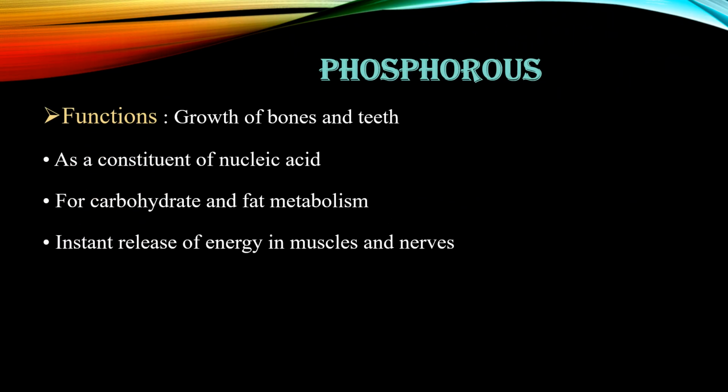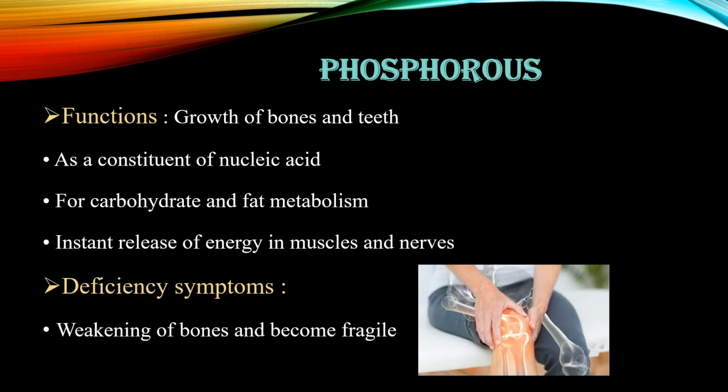Phosphorus. Functions: growth of bones and teeth, as a constituent of nucleic acids, for carbohydrate and fat metabolism, instant release of energy in muscles and nerves. Deficiency symptoms: weakening of bones, which become fragile.